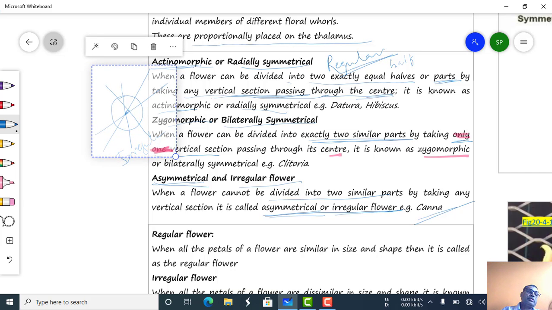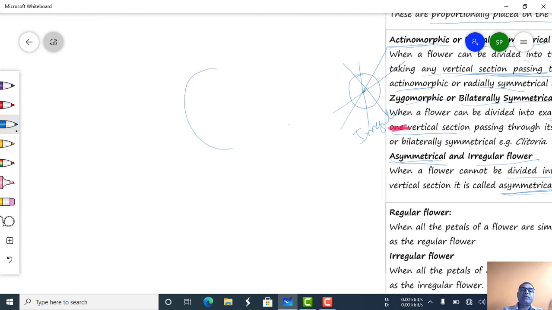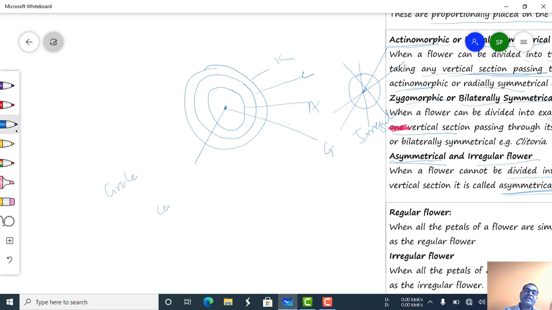Usually if you see the floral diagram of any flower, the whole of calyx is present on the outer side, then the whole of corolla is present, then the whole of androecium is present, and in the center the whole of gynoecium is present. Suppose this is a circle, and this one is the center of the circle, this will become the radius.